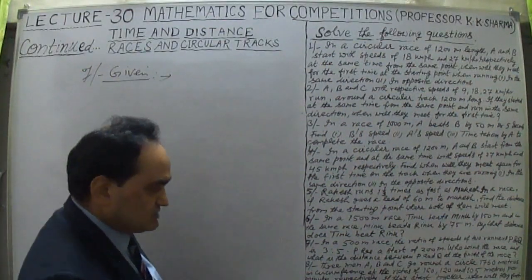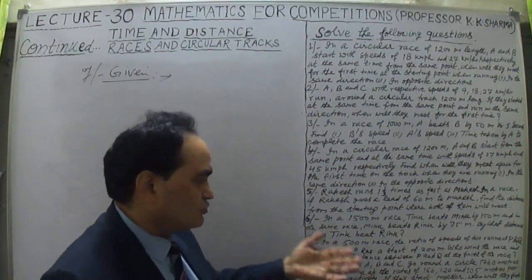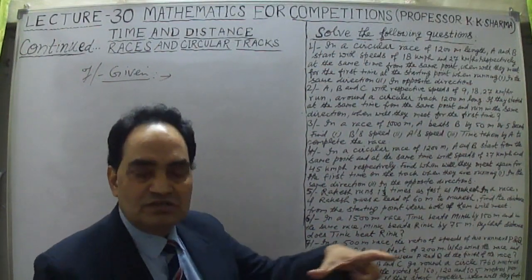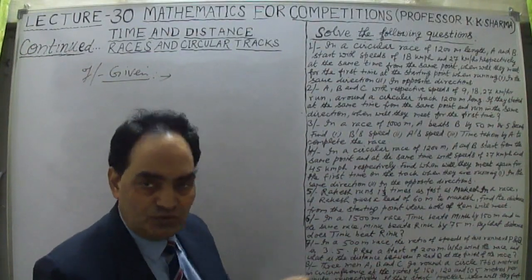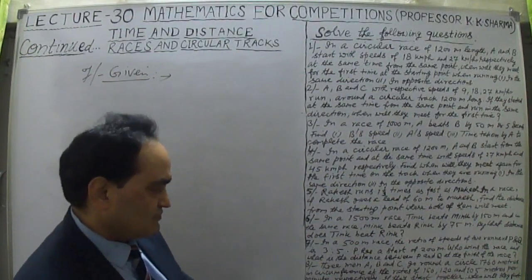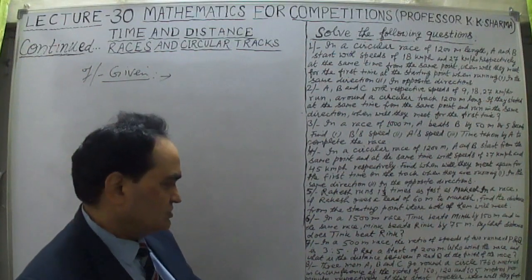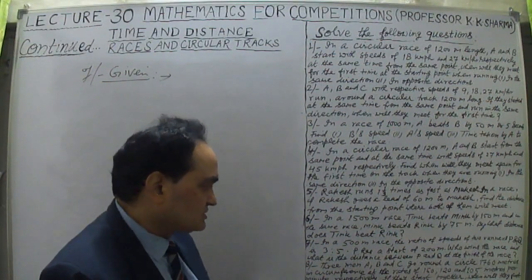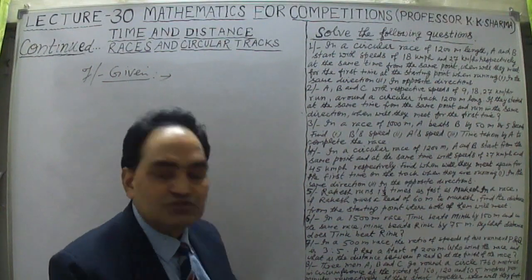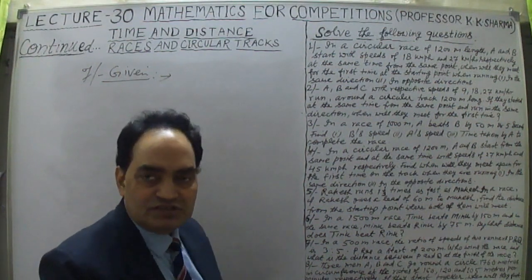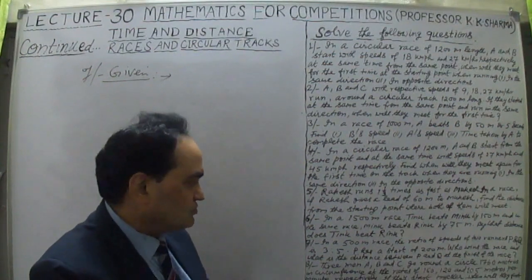P has a start of 200 meters. P has already gained 200 meters, or he is ahead of Q by 200 meters. Who wins the race? And what is the distance between P and Q at the finish of the race? That we will find out.